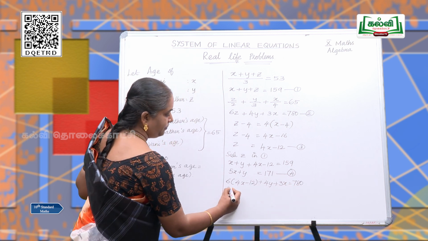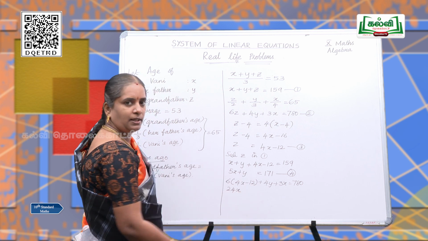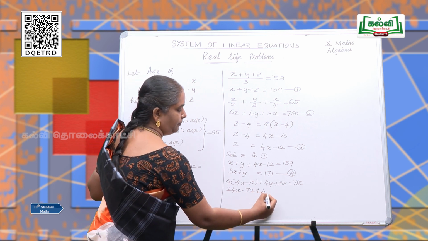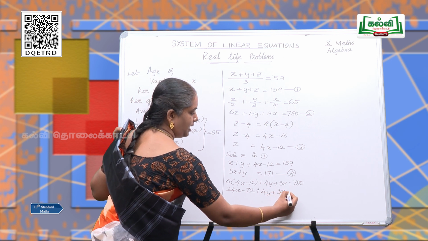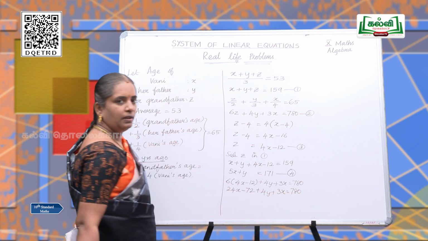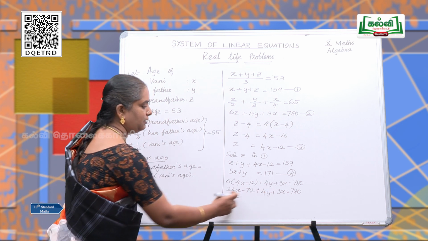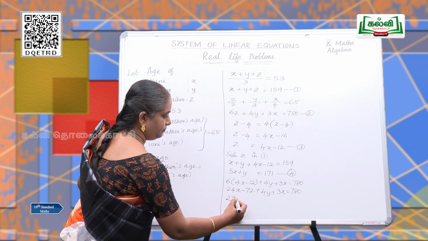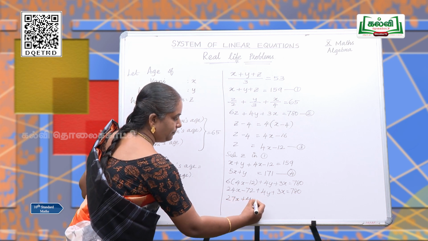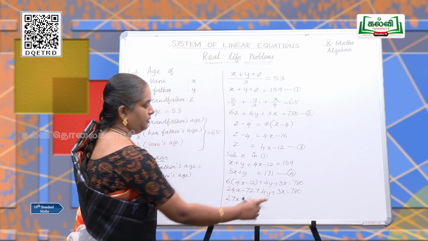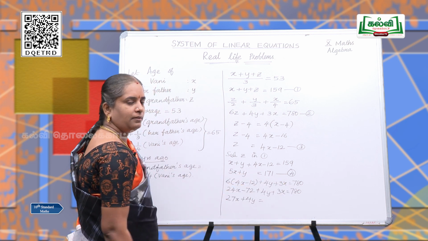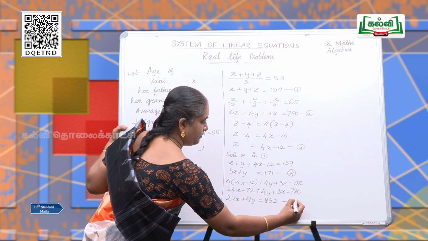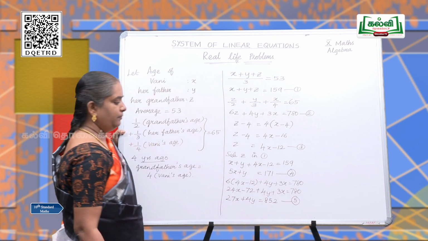Multiply: 24x minus 6 into 12, 72, plus 4y plus 3x is equal to 780. The two terms of x are to be added, so 27x plus 4y is equal to 780 plus 72, so 852 is our fifth equation.